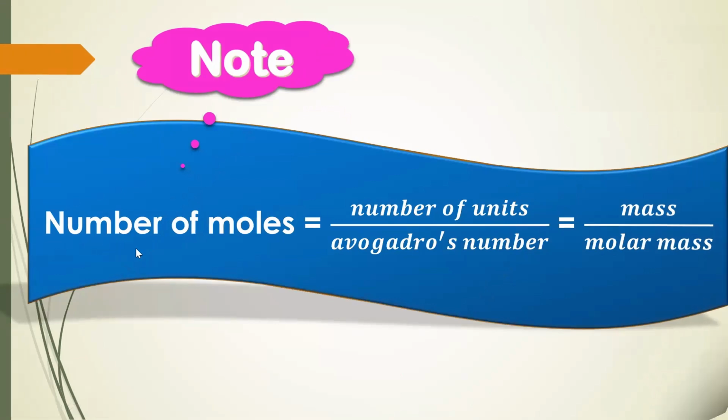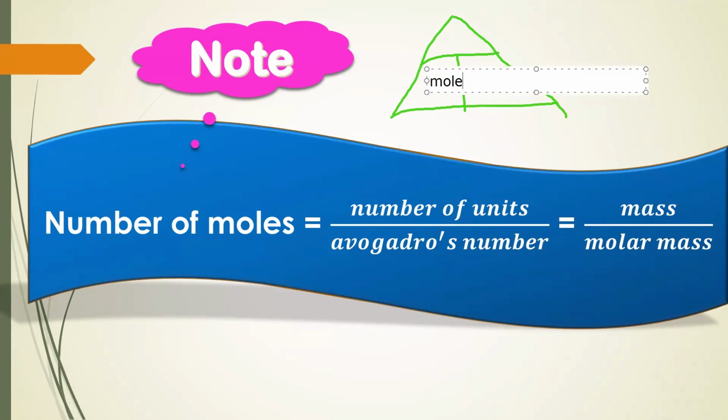So we can express the moles in terms of Avogadro's number or in terms of mass or molar mass. If you remember, last time we used the triangle, so we can get the equation to get the mole from the mass or the mass from the number of moles.